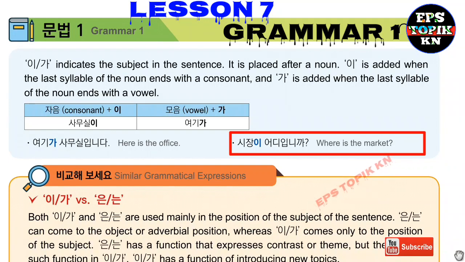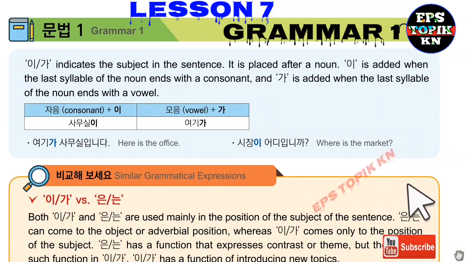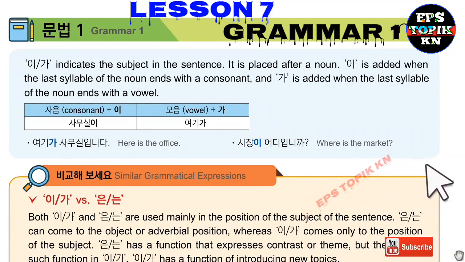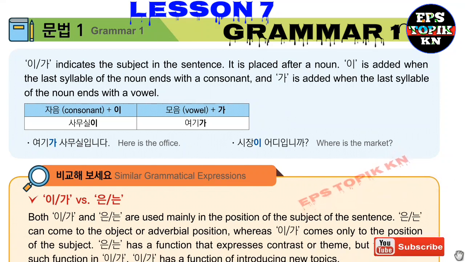So what's the subject? 시장. Great. And you know that because of the subject marker. What's that? 이. Okay, you're doing well. So one more time, there are two subject markers. What are they? 이 and 가. Let's move on.